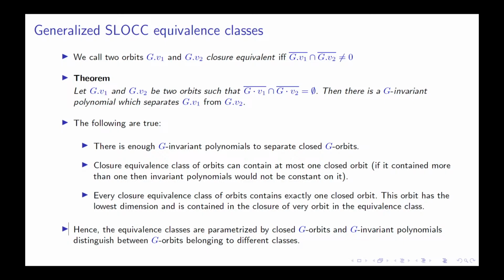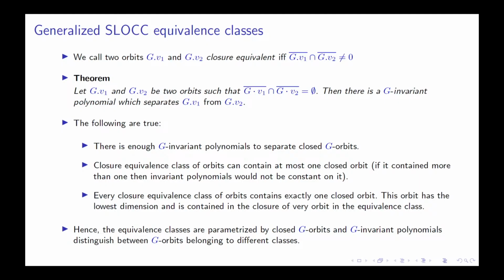The theorem says, and I will obviously not prove this theorem, that if the closures do not intersect, so they are not closure equivalent, then there is a G-invariant polynomial which separates them.